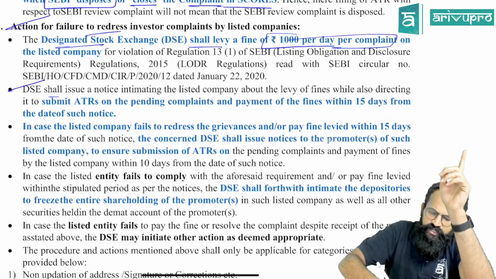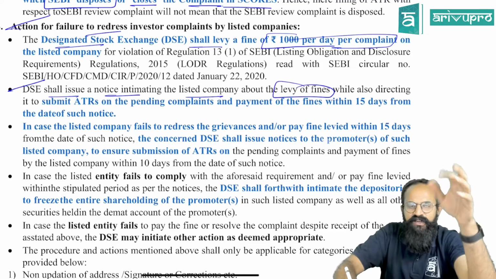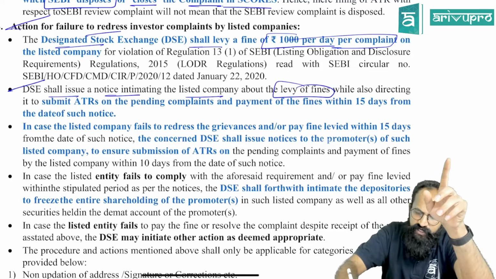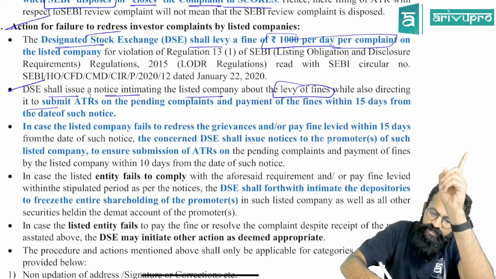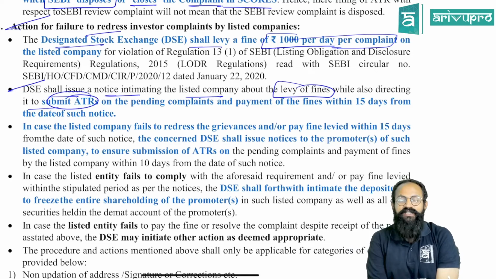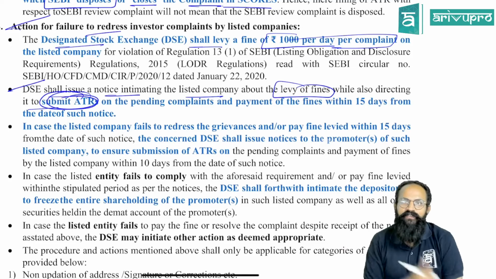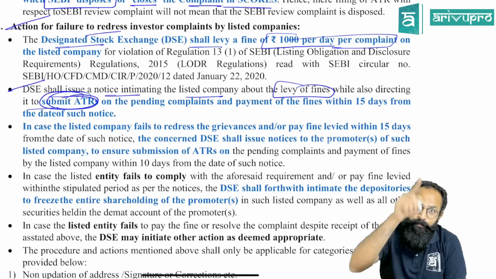The designated stock exchange shall issue a notice intimating the listed company about the levy of fines. I will send a notice to the company, you have to pay the fine, also directing it to submit the ATR. Just because you pay the fine, it's not that you need not respond to the complaints. You have to submit the ATR on the pending complaints, and you also have to pay the fine.